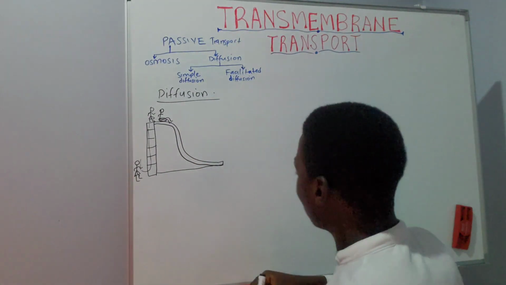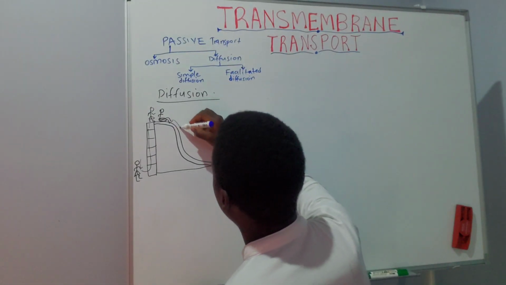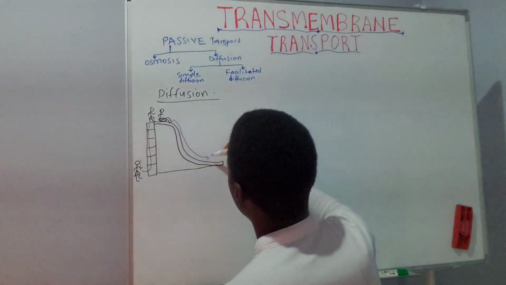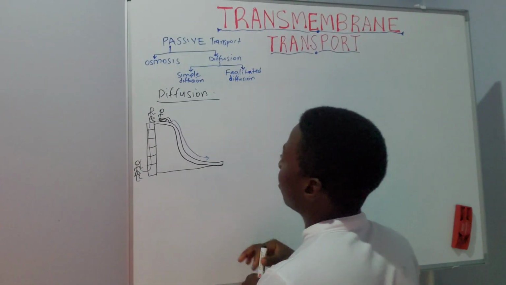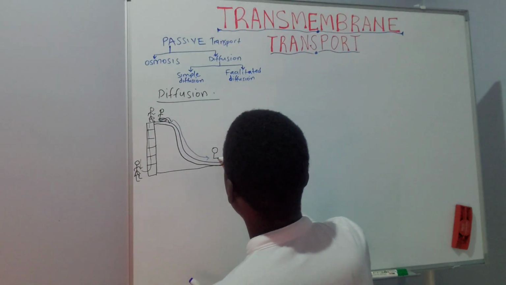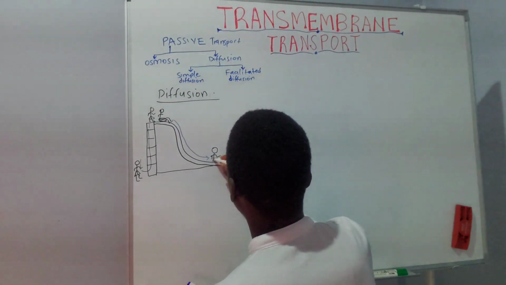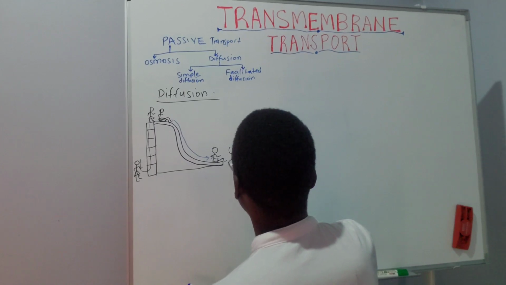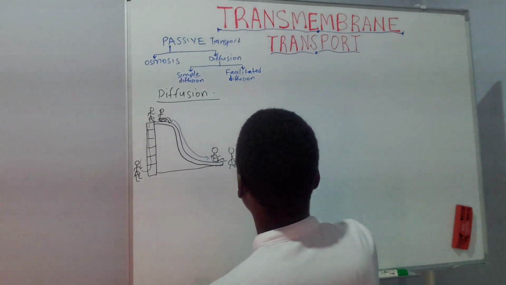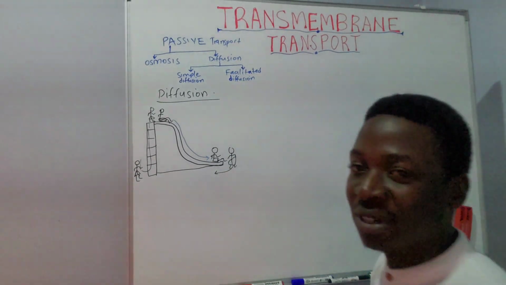He is going to move from up here down to here, and eventually he is going to be seated here, where he has come, and then he will get up and walk back for another round.